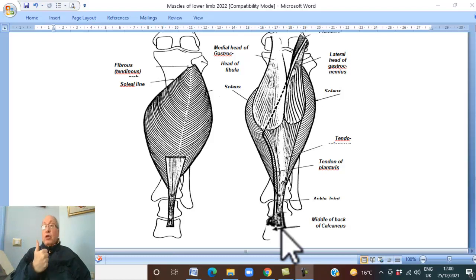This is powerful plantar flexion during walking, running, or standing on the tip of the toes. And also during normal standing, this muscle steadies the leg on the foot.